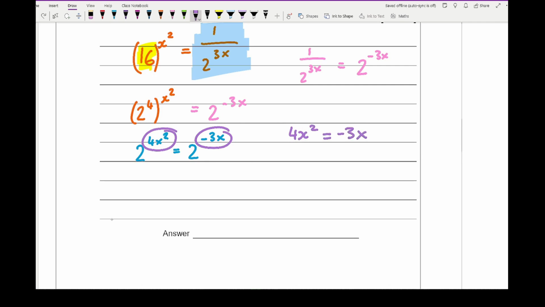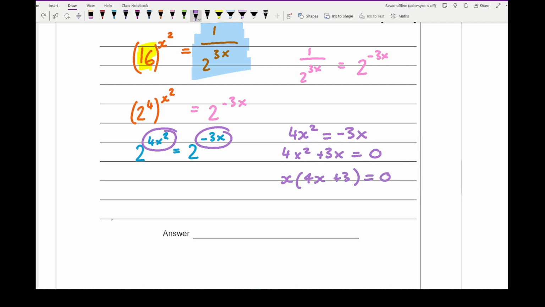Now because we want the non-zero values, we can't simply take away x from both sides. So here what we need to do is take the 3x over to the other side so that it equals 0. Then from this we can factorize, so we could take an x out. So I've got x times 4x plus 3 equals 0.